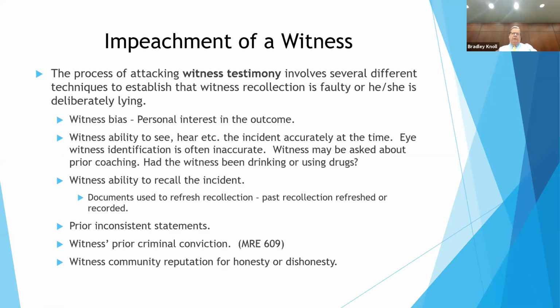And questions may be asked of a witness to try to establish that the jury should give their testimony less weight. Probably witness bias. If a friend of the defendant is testifying, the jury has a right to know that the person who's testifying is a friend of the defendant, and that witness may have a personal interest in the outcome. It's witness bias.